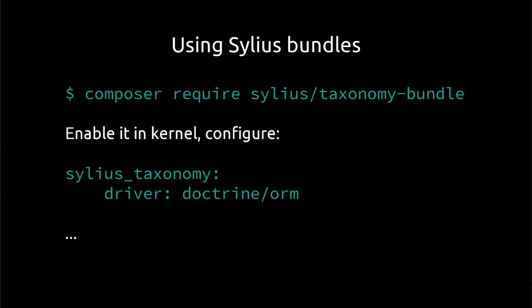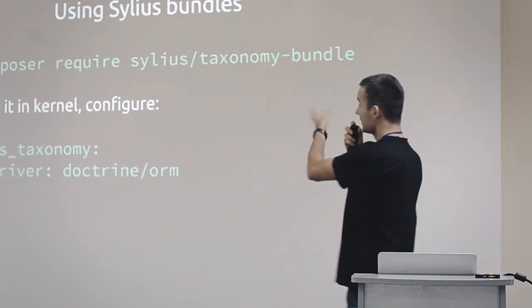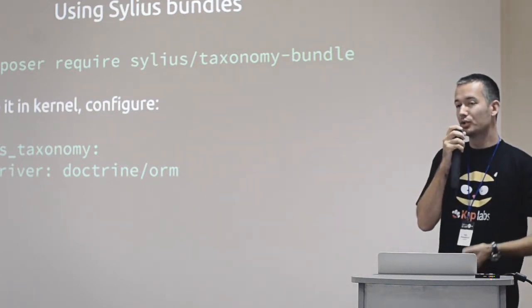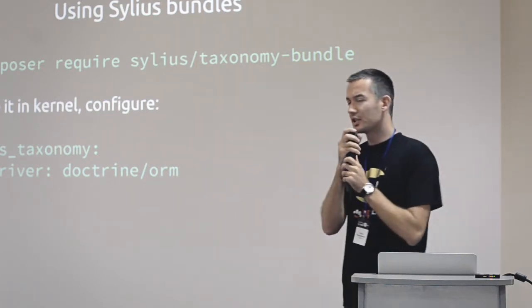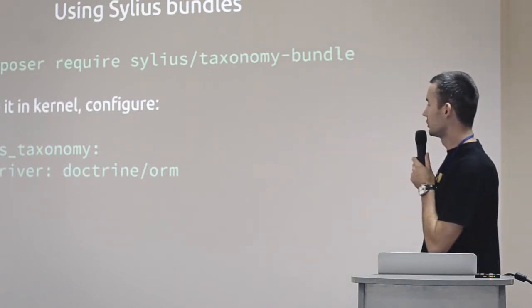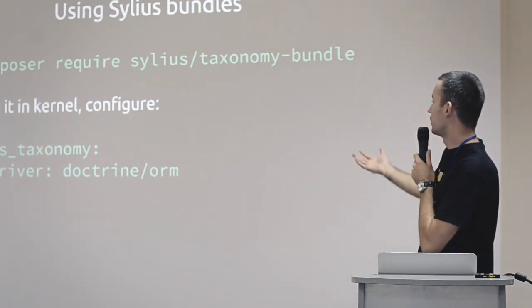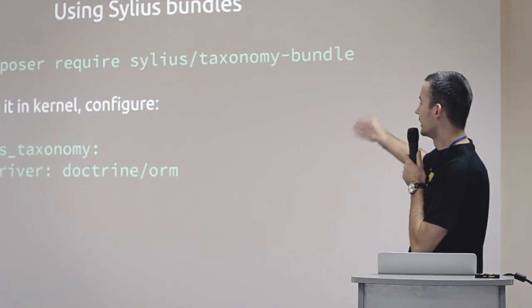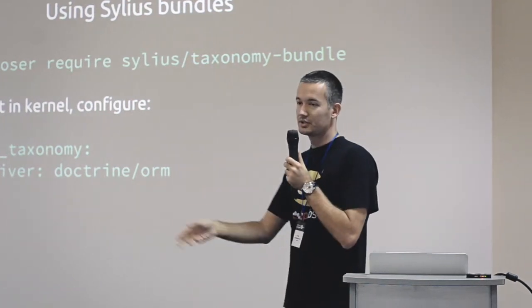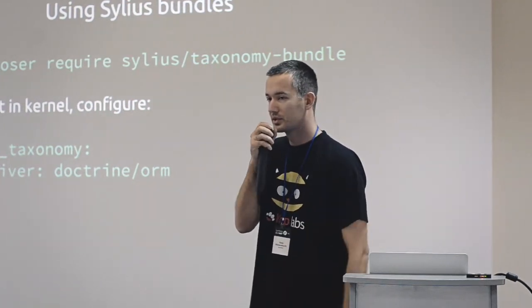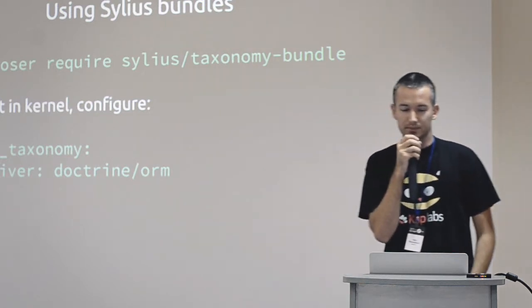Or if you are building a Symfony application, you will install any Sylius bundle like you are used to with any other bundle. There is nothing very specific in using Sylius bundles. The usual flow: you just install it with Composer, enable it in the kernel, and configure it. You follow the docs and you will have it installed.